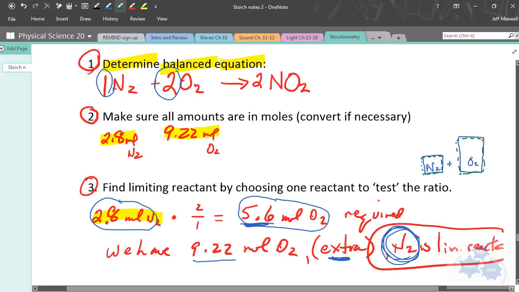You see that? 1 to 2, 2.8 to 5.6. And how many do I actually have? Well, I actually have 2.8, and I actually have like 9.2. See that? I have way more oxygen than I need. So that means that the nitrogen is going to get used up first, because only this much oxygen is going to get used.